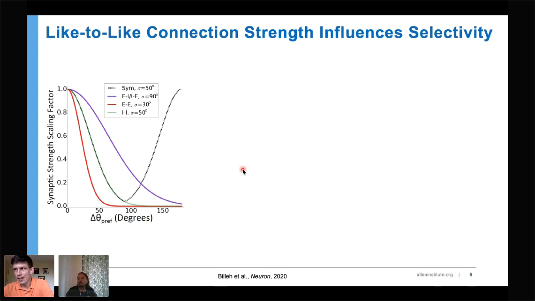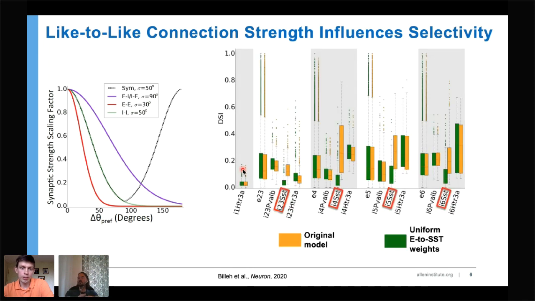And we found that was really important to capture experimental observations with our model, in particular direction selectivity. And it was especially important for certain cell types. For example, for interneurons of SST and VIP types, it turns out they do not receive much of the external inputs from the thalamus. And so the recurrent connections with these like-to-like properties turned out to be really important for them.